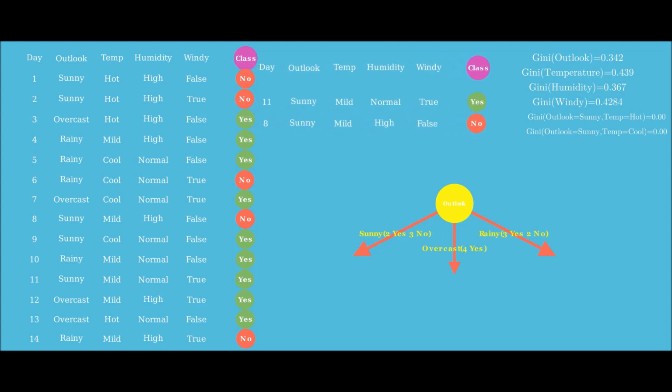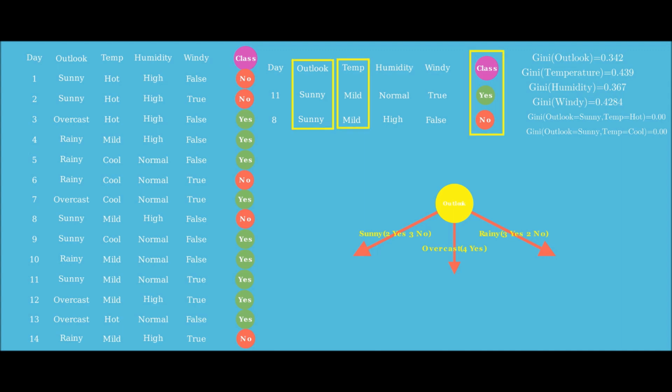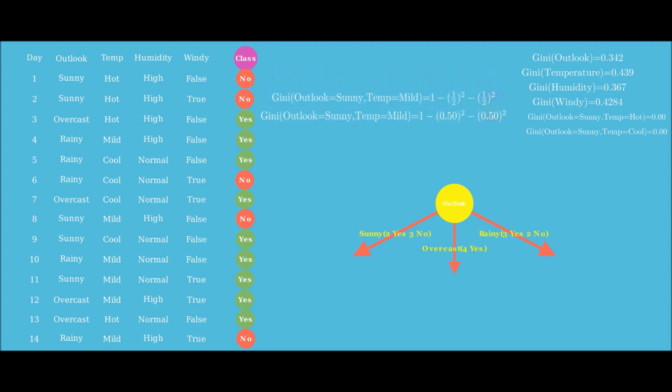There are two instances, one yes and one no. So Gini index for outlook sunny, temperature mild would be 1 minus (1 upon 2) whole square minus (1 upon 2) whole square, and finally that would be equal to 0.50 because all classes are uniformly distributed.